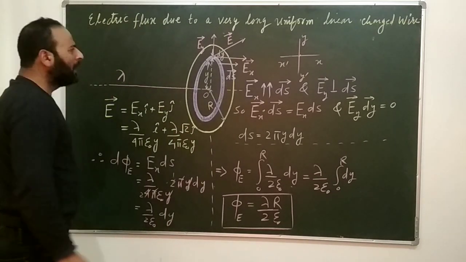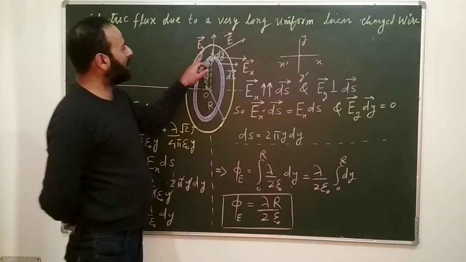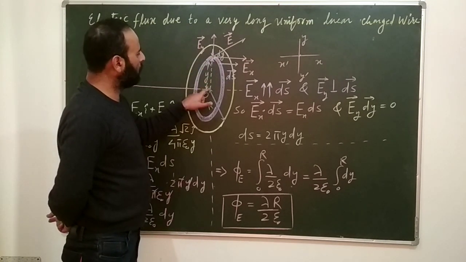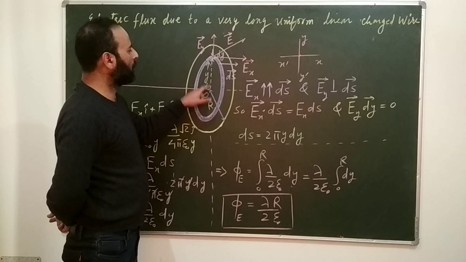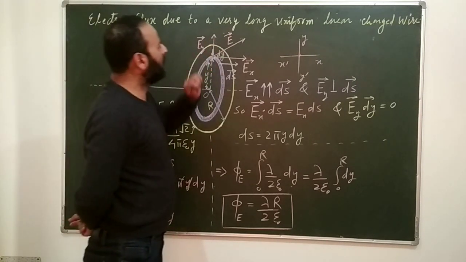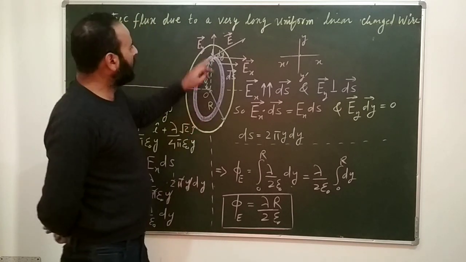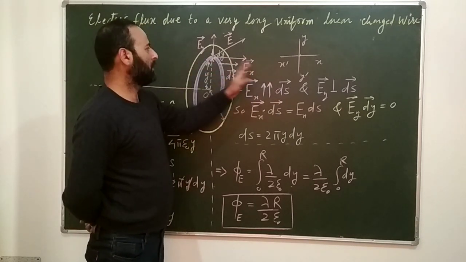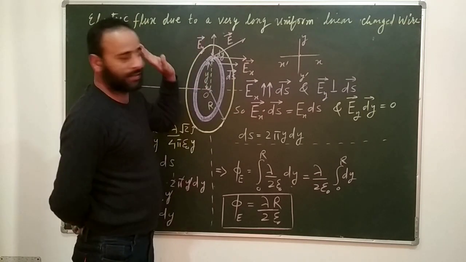Now, first of all, let's see what the electric field is at this point, at a distance of y from the end of the wire or from the center of the ring. If E is the electric field, then the electric field has two components, one along the x-axis and second along the y-axis.